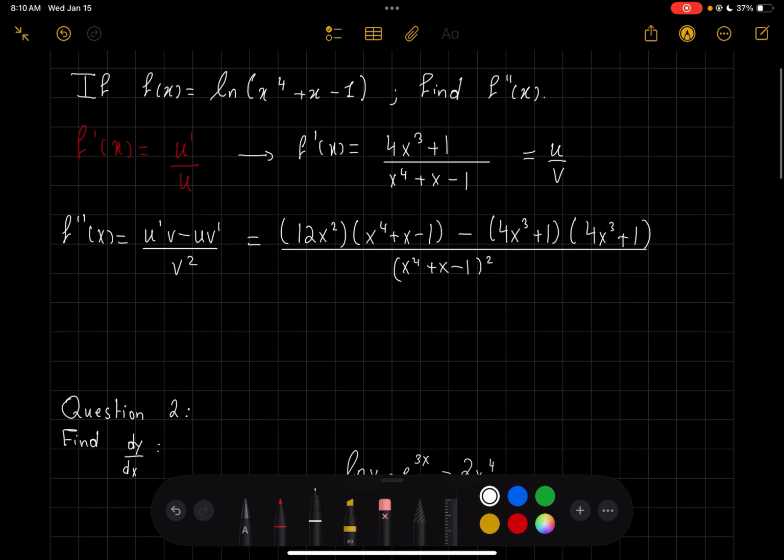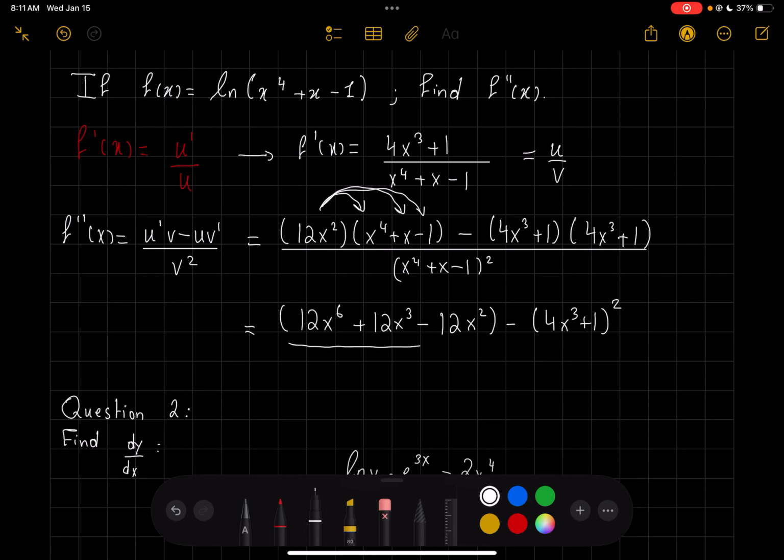Now, in terms of simplification, you can expand this piece over here, but keep it factorized. So it will be 12x to the power of 6 plus 12x to the power of 3 minus 12x to the power of 2 minus 4x to the power of 3 plus 1 to the power of 2, over x to the power of 4 plus x minus 1 to the power of 2.